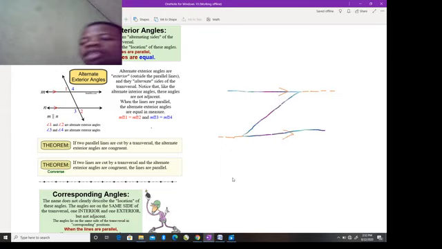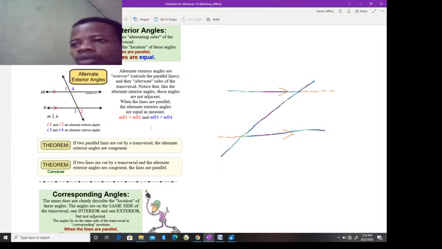Can you see this? We spoke about this angle and this angle as interior alternate angles. What of the exterior that we have? If you have exterior, let me extend this line this way. So what do we have?